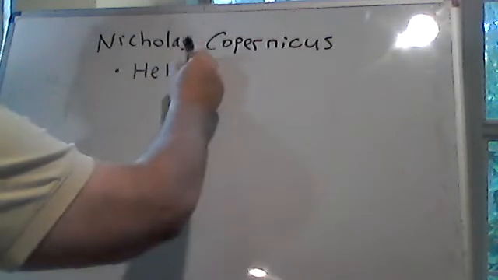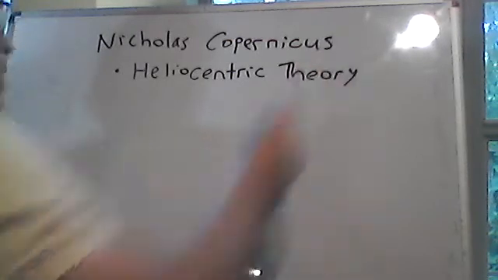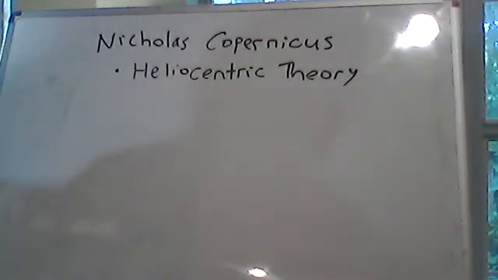Now, of course, we know that's not true, but it's an improvement. He was very scared because at this point in time, it was very dangerous to be a scientist. Scientists were killed. It was very dangerous to ask questions, and so being a scientist, you took a great risk and great peril. And so, in fact, Copernicus published his heliocentric theory posthumously. He was already dead. You can't kill a person who's already dead. And so Copernicus was concerned enough for his safety that he waited until he knew he was going to die before he published the heliocentric theory.